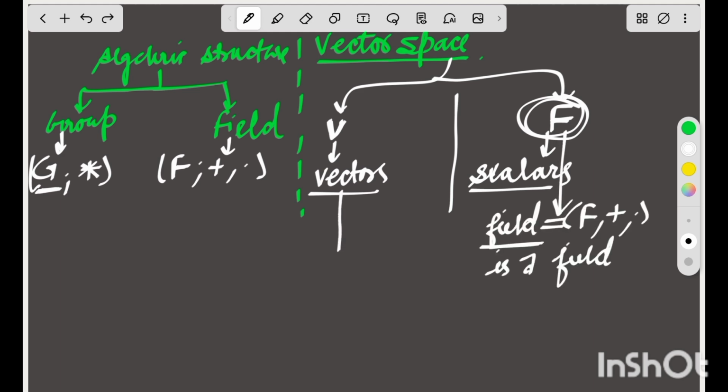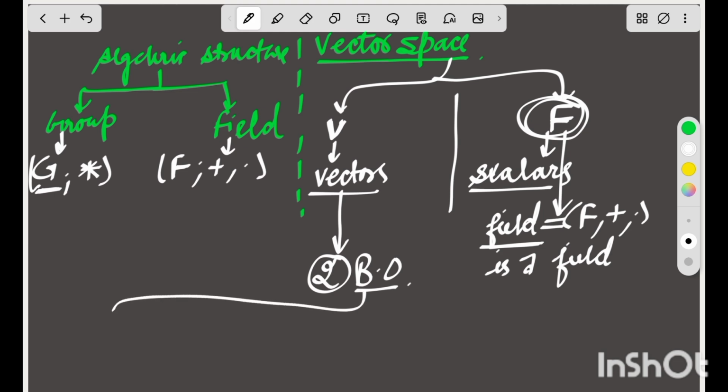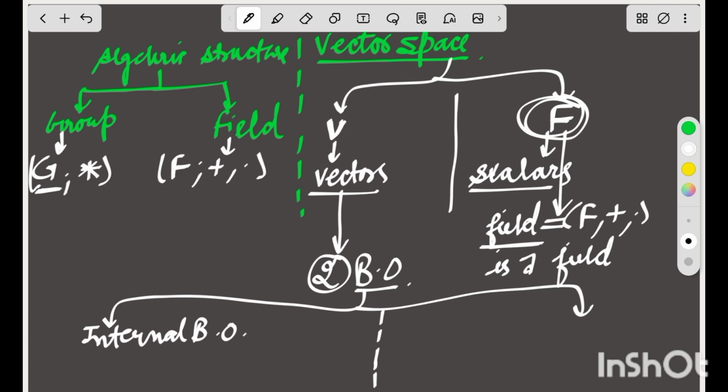This set V also works on two binary operations. But what makes it different from the other algebraic structures is that here we are dealing with two different types of binary operation. One is the internal binary operation and the other is the external binary operation.